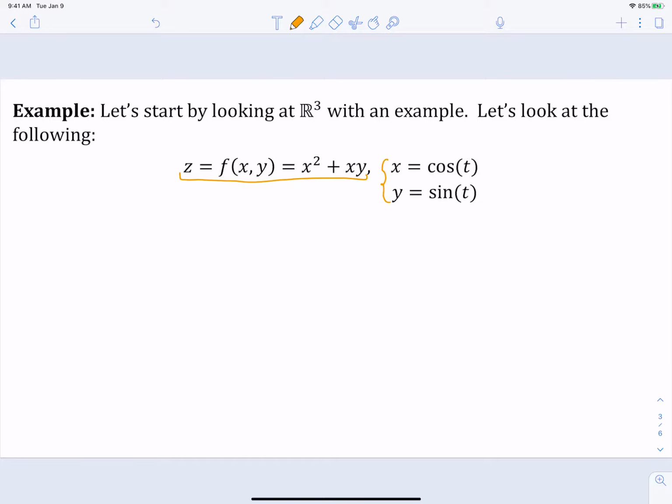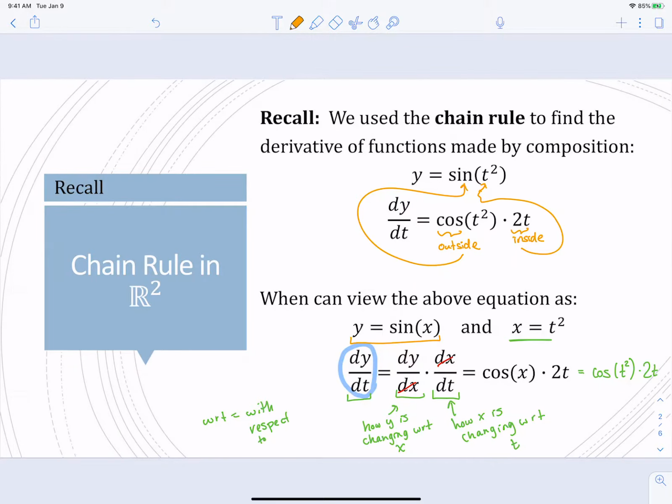It was a little bit easier to see back here how to get from one thing to the other.